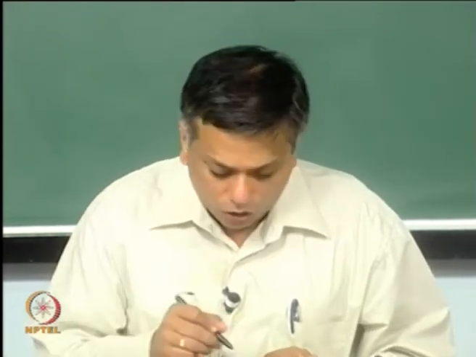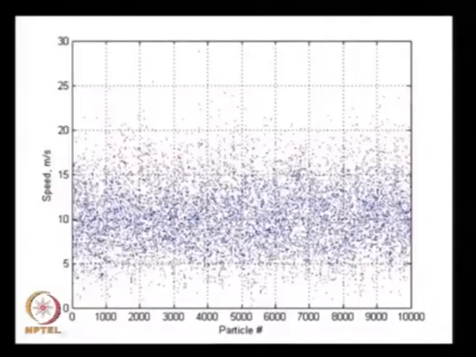Okay. Now if I move on to the velocity, in this case this is actually a plot of speed. The speed is slightly different from velocity, in that velocity is allowed to go from minus infinity to infinity, whereas speed is only a positive number.